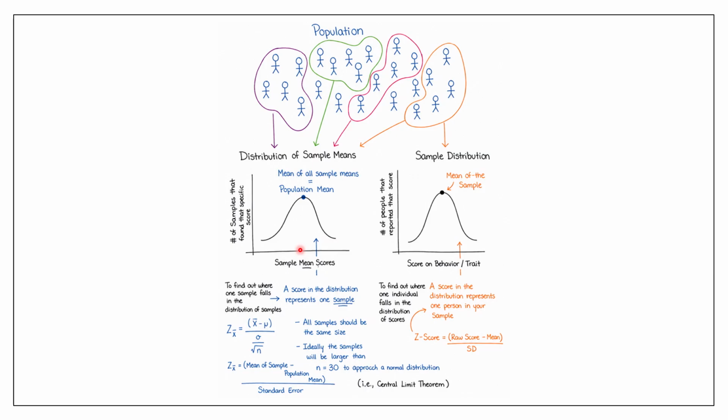Other important things to know about this is that because now we're working with multiple samples that are sampling from the population, then what we're going to see is that when we get the mean of all the means of all the different samples that have collected information from this population, we're going to get a population parameter or the population mean.